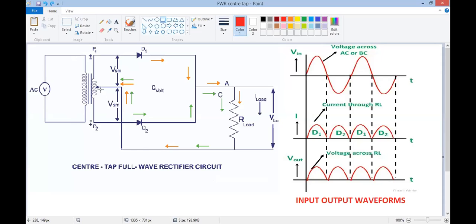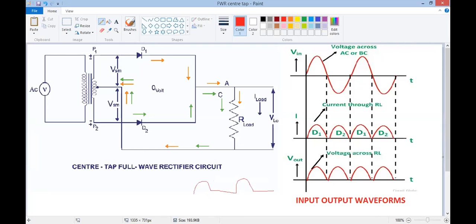And this center tap transformer is used in the rectification circuit. Hence, this circuit is known as a center tap rectifier. And why is the name full wave given? Because as you can see, this is the AC full wave, with a positive half cycle and a negative half cycle, and both half cycles are converted here in the output. In the previous case, you were getting only this kind of output.